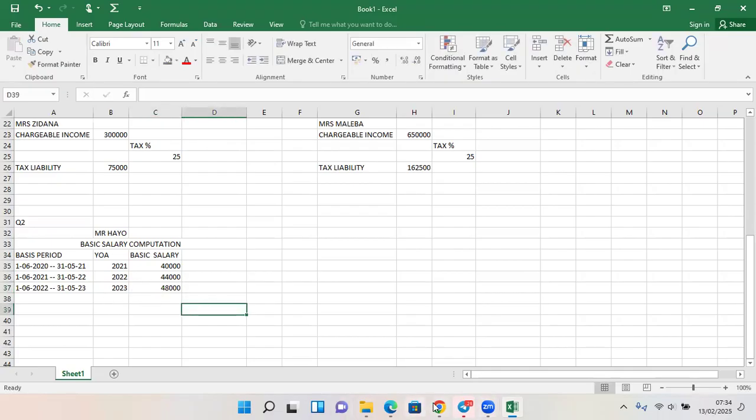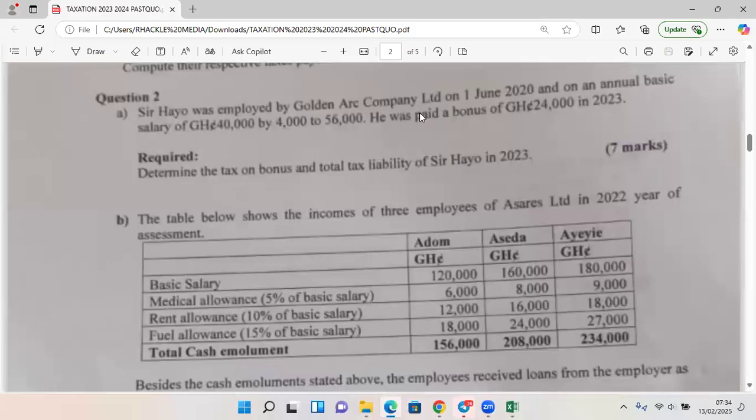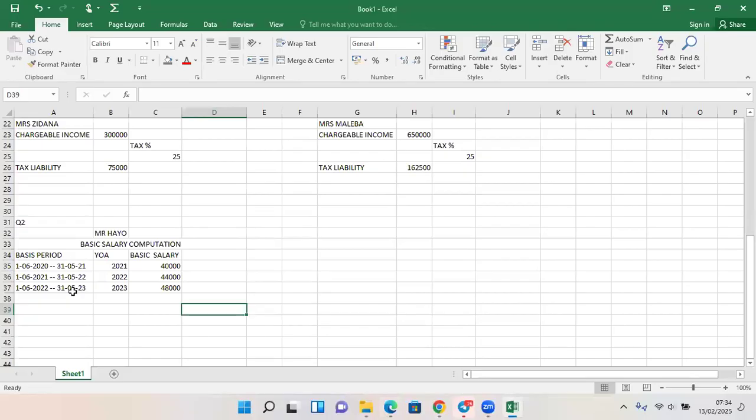Even though we are looking for up to 2023, remember that this basis period still has some 2023 left because it started from 1st January to 31st May. We still have some months, so you have to compute for 2024 too. Let's copy the same thing. That one will be 5200.